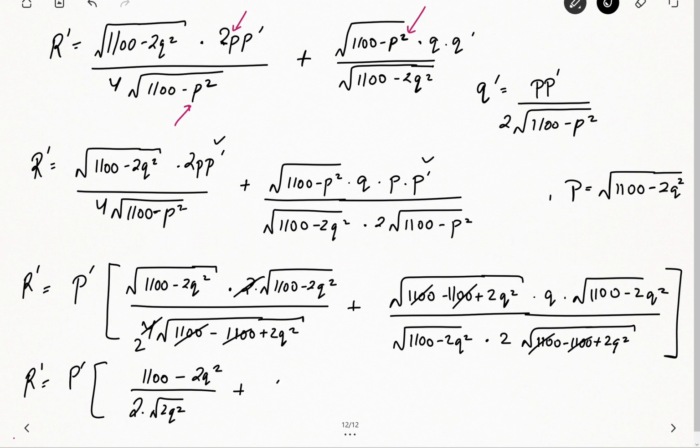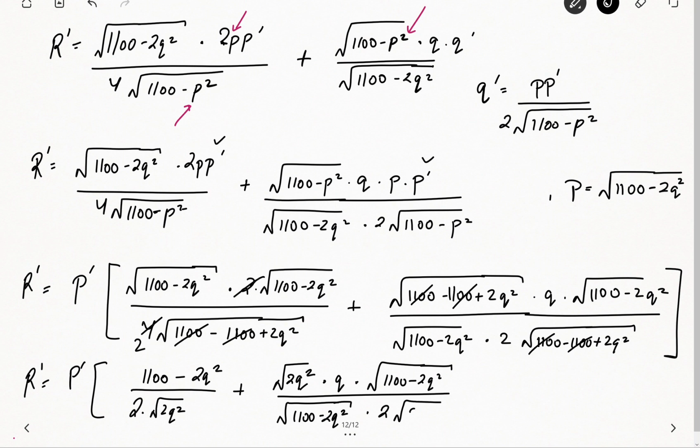So you'll be left with square root of 2q squared times q times square root of 1100 minus 2q squared, all divided by 2 times that, and then this and that will just go away.